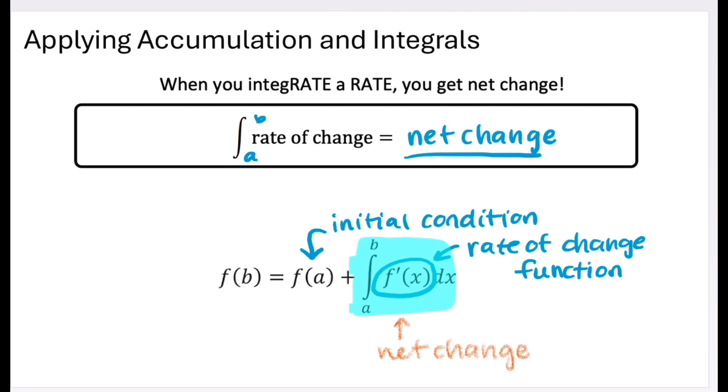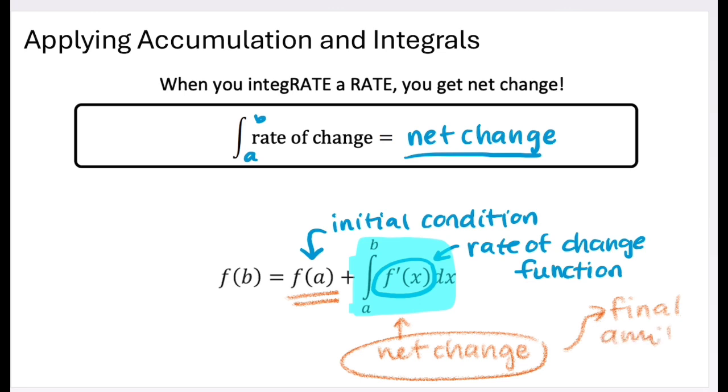So if you know where you start and you know how much you change, you can figure out your final position or amount. So position, amount of water, amount of people, amount of money, whatever we're dealing with in the problem. That'll be your final amount there.